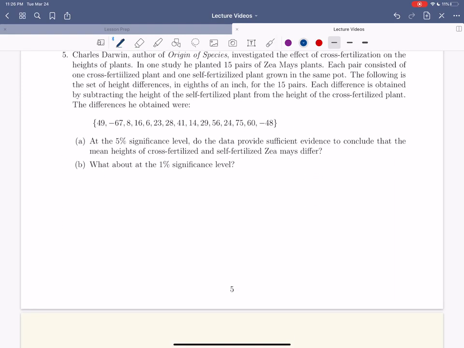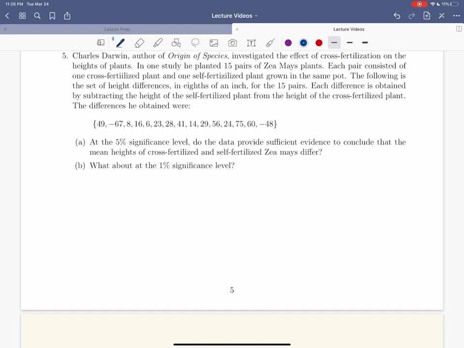One more. This is a paired difference question. So this is a question from section 10.5. And the idea here is that Charles Darwin, the discoverer of the theory of evolution, was studying cross-fertilization in the heights of plants and what effect that had on these particular plants called Zea mays plants.